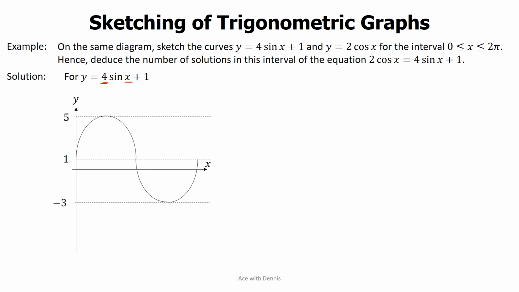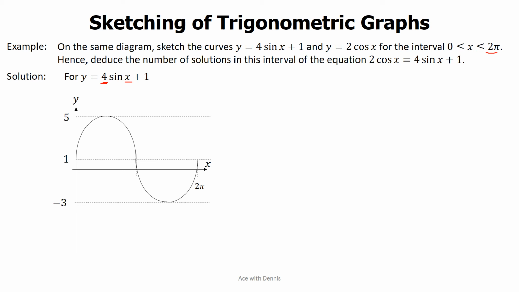After that we can draw the x-axis, which should be between 1 and negative 3, closer to 1. So this is the x-axis. Next, we can start to label. At the end of this graph is 2 pi, because the question requires us to leave the answer in radians.